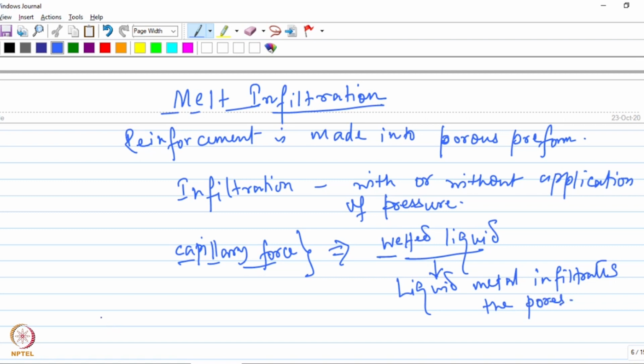Pressure can also be applied. For example, you can utilize hydraulic pressure to inject the liquid metal into the preform.